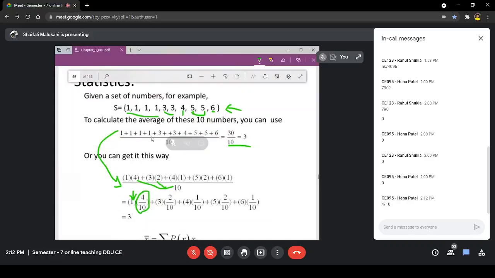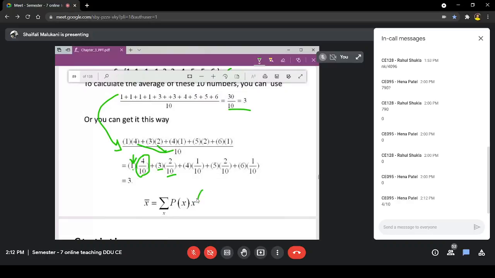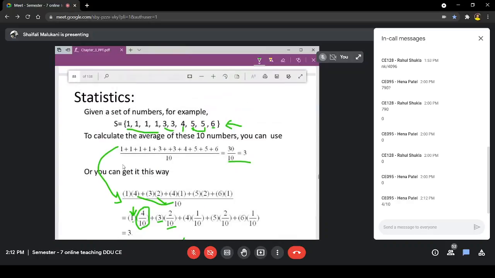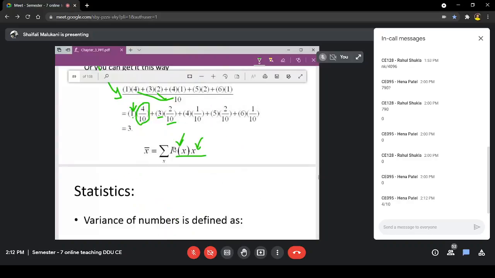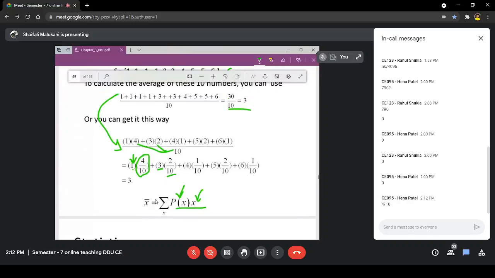So I can say observation into probability of occurrence of that observation, summed over all possible observations. What are the possible observations? 1, 3, 4, 5, 6. The summation of this term over all possible observations will give me the mean, right?